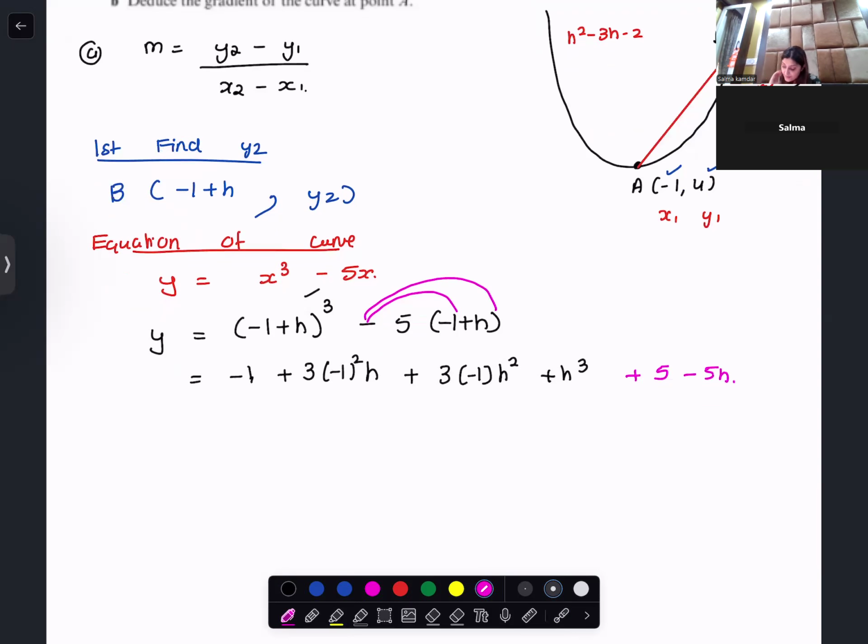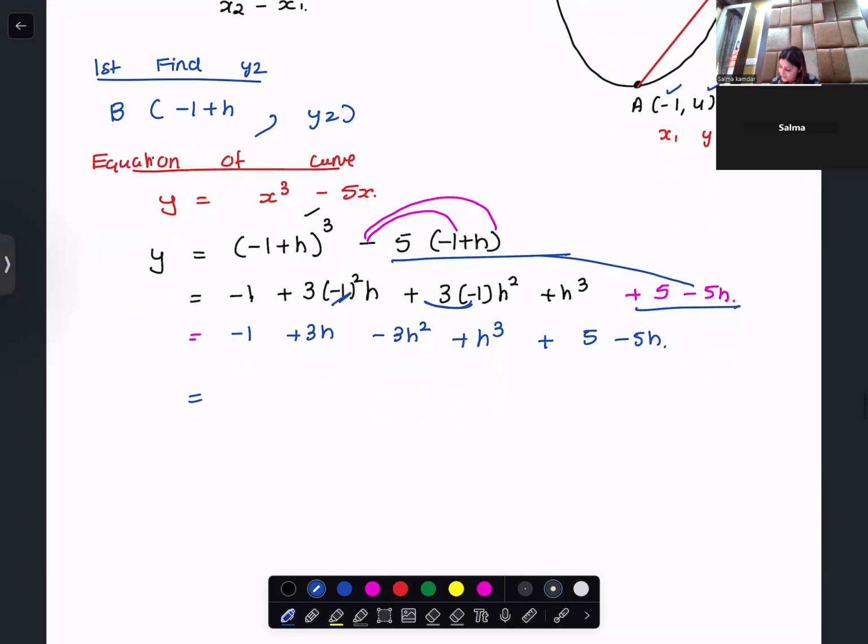Now the first term I will simplify further. Minus 1 cubed is minus 1. Minus 1 square is nothing but 1, so it gives me plus 3h. Plus into minus, it's going to give me minus 3h square plus h cube. This is my second term that I had solved: plus 5 minus 5h. Simplifying further, minus 1 and plus 5 give me plus 4.